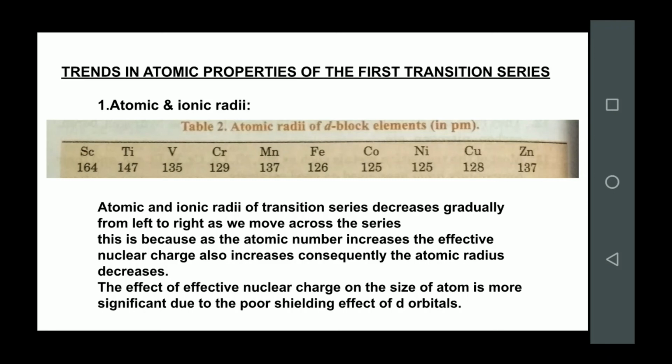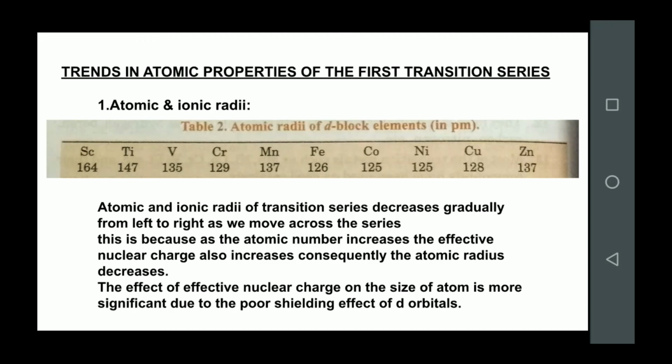This is what we observe from scandium to chromium. But after that you will observe an almost constant atomic radii, even though the effective nuclear charge is increasing.